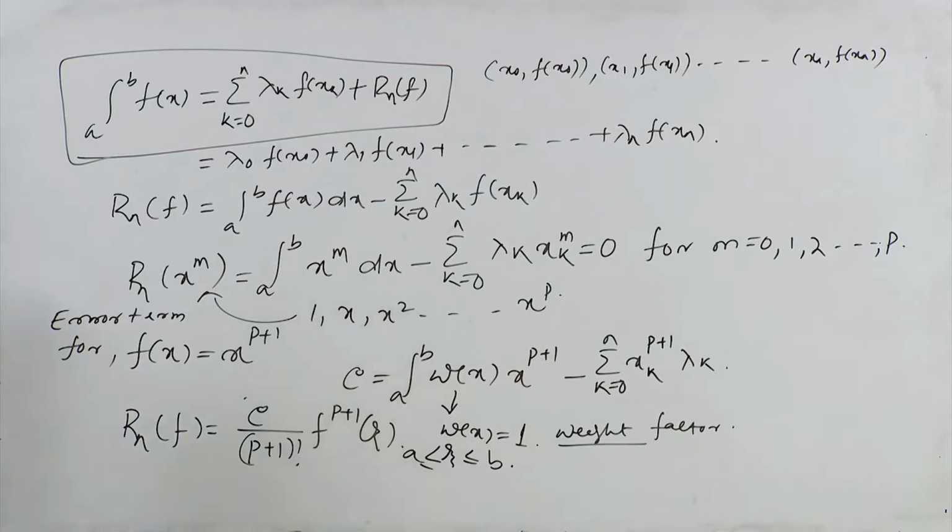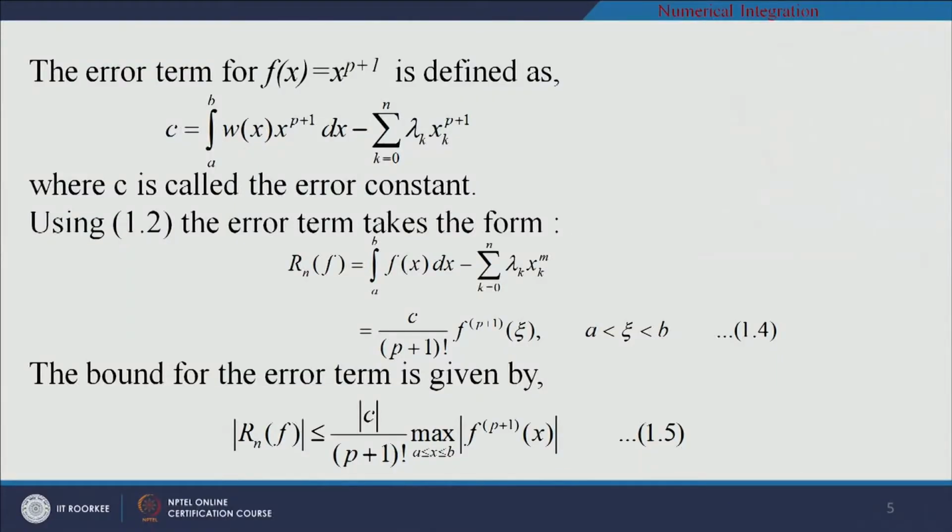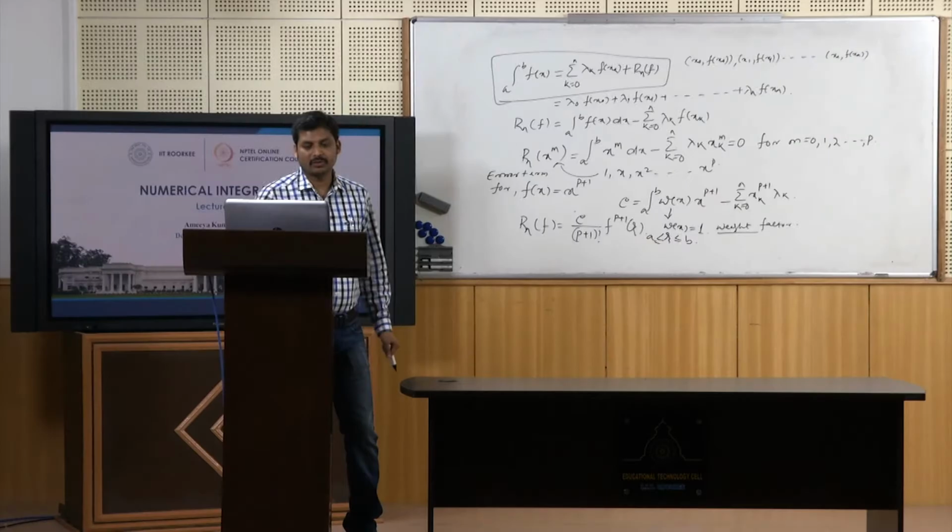Or you can write R_n(f) equals integration a to b f(x) dx minus summation k equals 0 to n λ_k f(x_k), this equals C by (p+1) factorial, f^(p+1)(ζ) here, where ζ lies between 0 and 1.